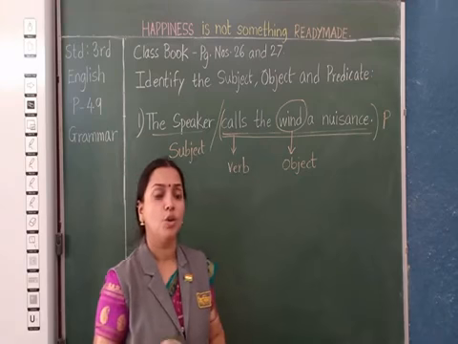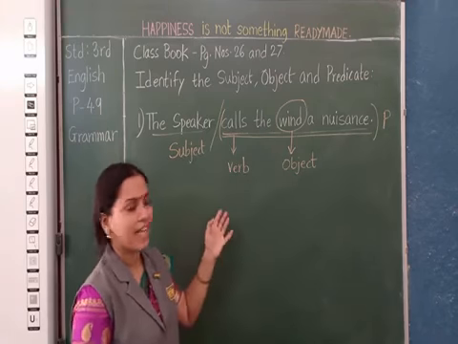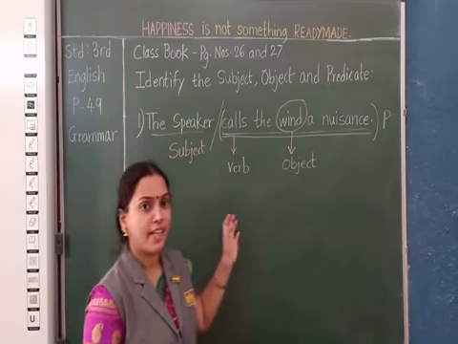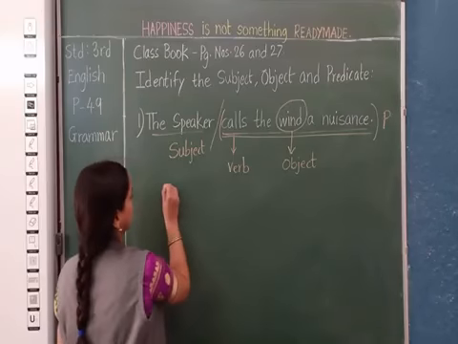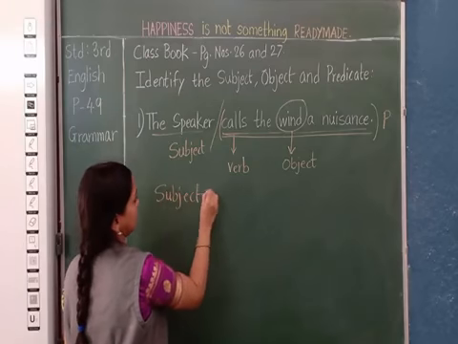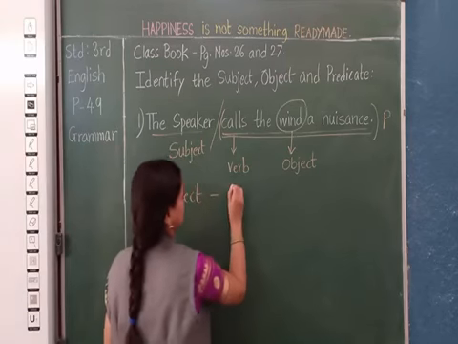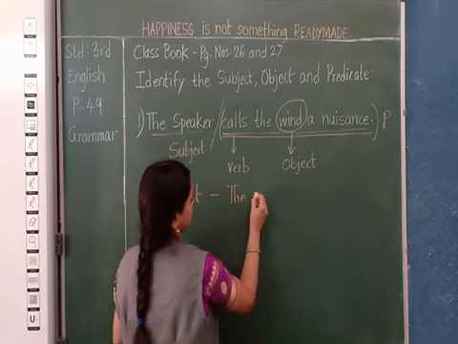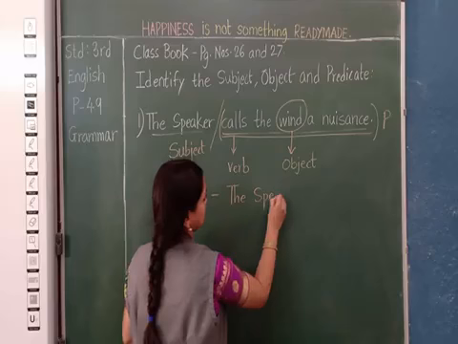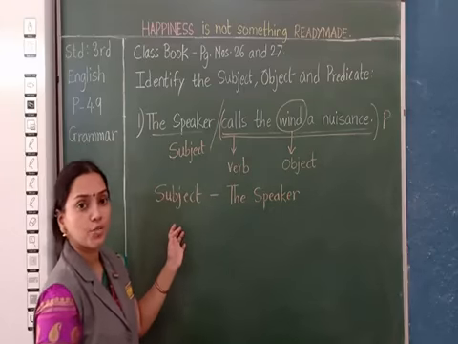But whenever you are required to write the answer, at that time don't just write S, V, O, P. At that time you are going to write it like this: subject, put a dash and write what is our subject here? The speaker. Now next one is predicate.